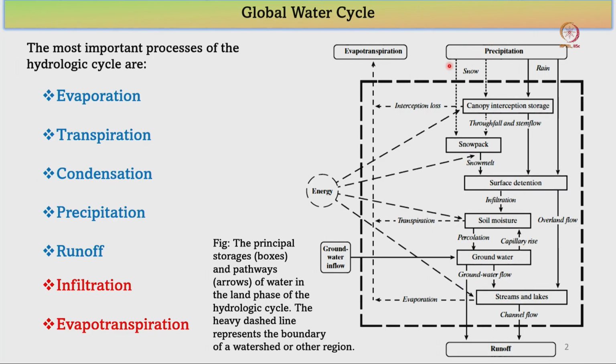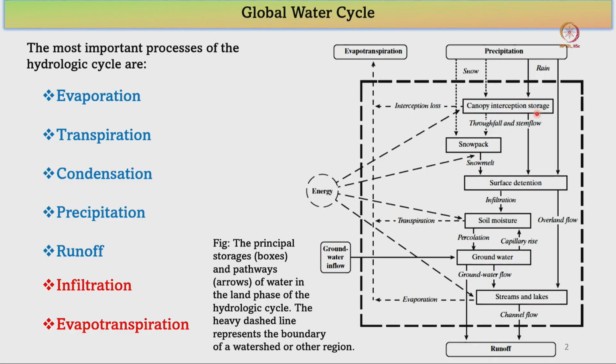After evaporation from the oceans and all, there will be condensation and precipitation happening. Now, precipitation can come in the form of rain or it can come in the form of snow. The first thing in the catchment that intercepts the rain will be the canopy of the trees, and there will be some interception storage.